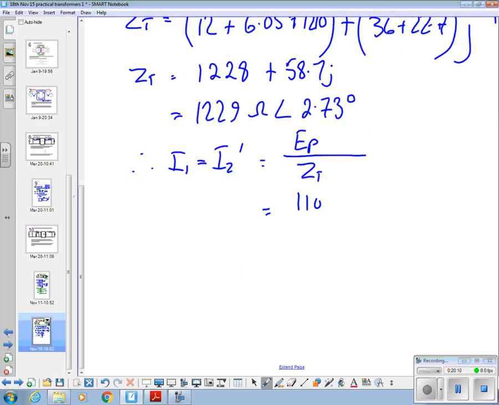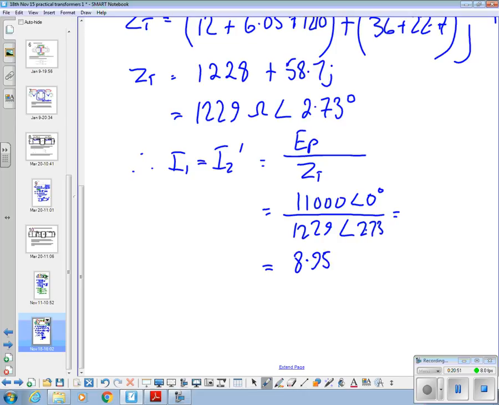So it's 11,000 divided by 1229 angle 2.73 equals 8.95.